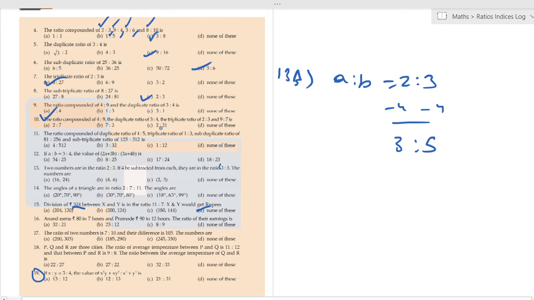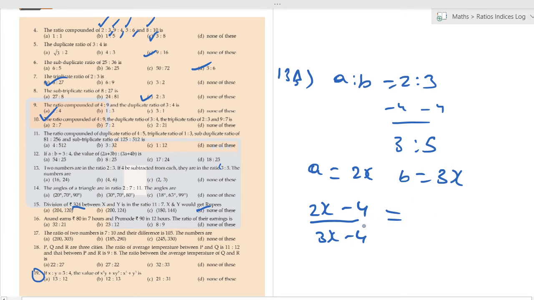The numbers are... So in this case, you just have to take A as 2x, B as 3x. Now just substitute according to the requirements of the question. (2x - 4) divided by (3x - 4) becomes, if you subtract 4 from each number, 3 by 5. Now you find the value of x.